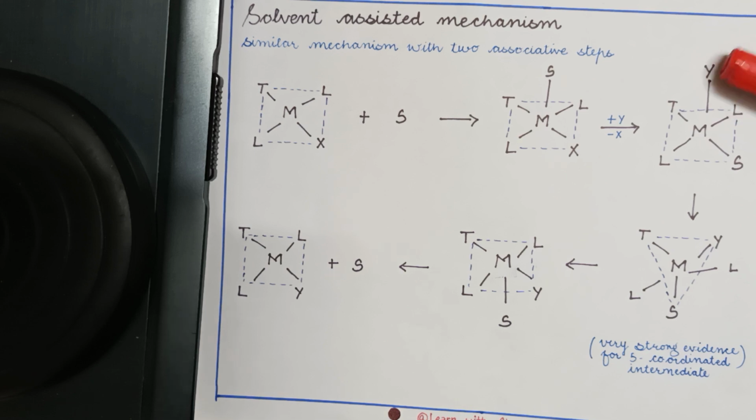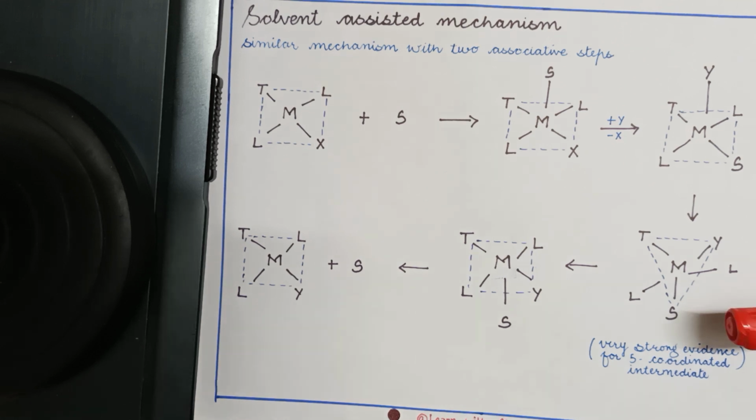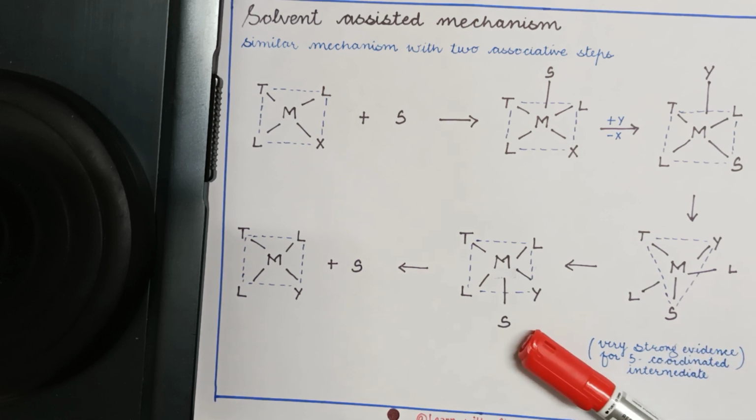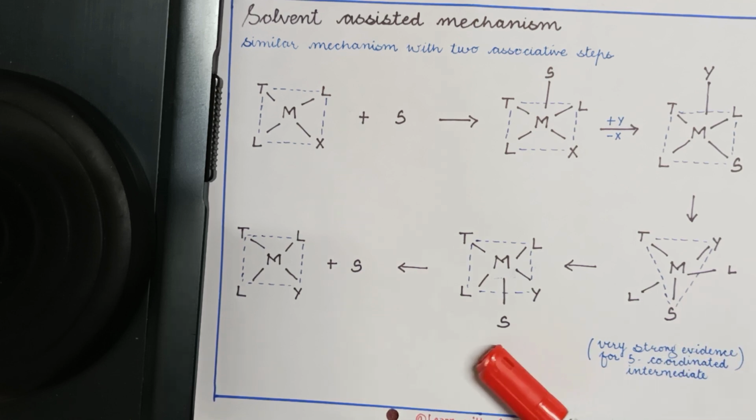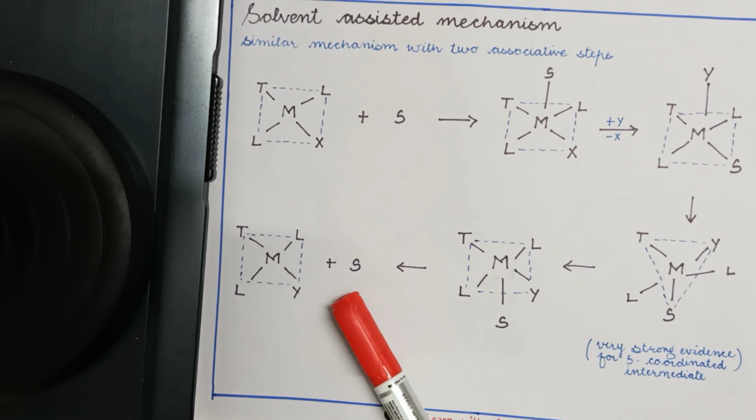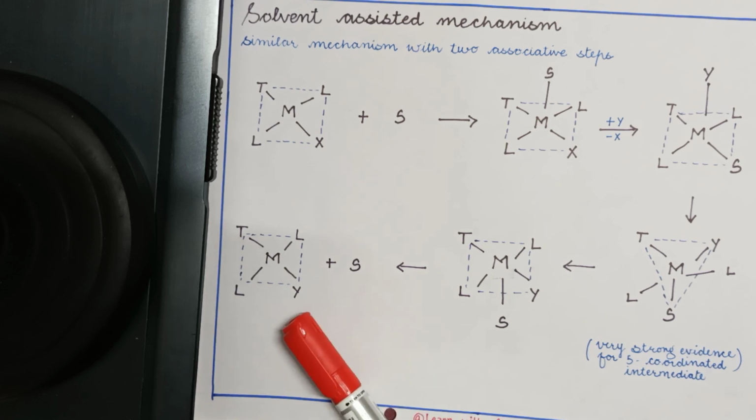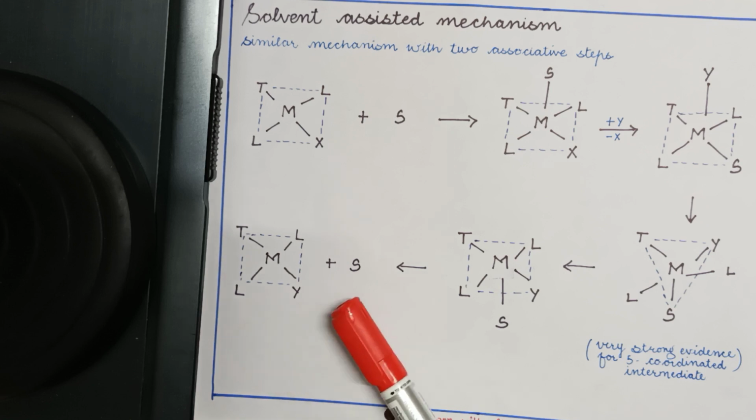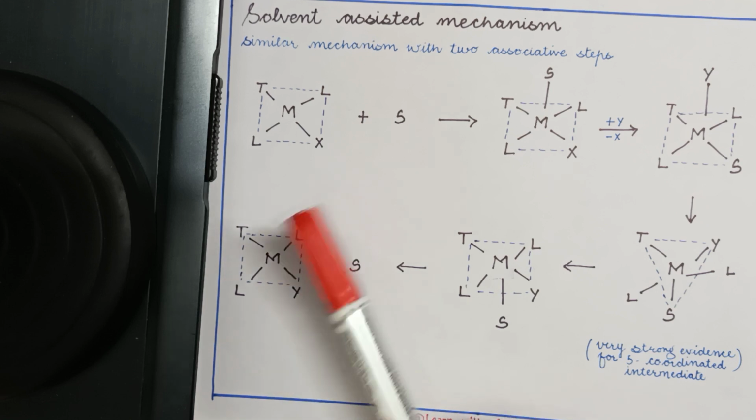Now again we have studied that square pyramidal is a less stable geometry, so it gets converted through tautomerism or rearrangement into a trigonal bipyramidal geometry. Got it? S is present in a trigonal plane now. Now when X departs from this trigonal plane, the geometry passes through a square pyramidal geometry, and now ultimately this gets detached from it. It departs from the complex, and ultimately we get a square planar geometry in which Y is there in the place of X.